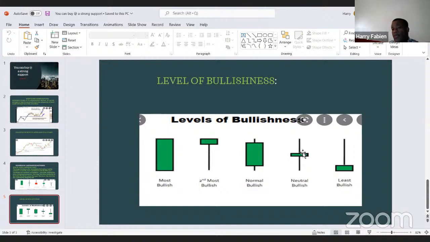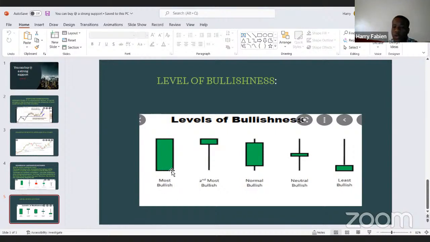In that case, the price is sideways, so it has a little body. And that one is the least bullish, upside down. It can turn bearish, and it can also turn bullish. It depends. So those five are the different levels of bullishness.